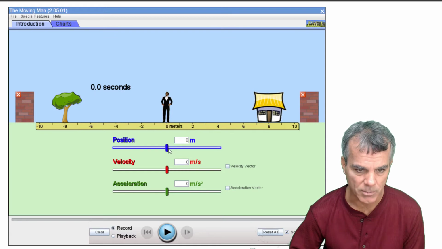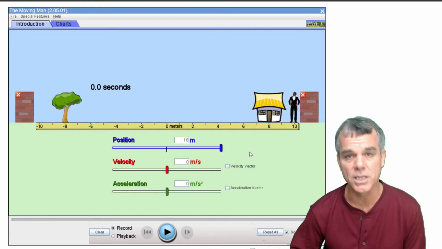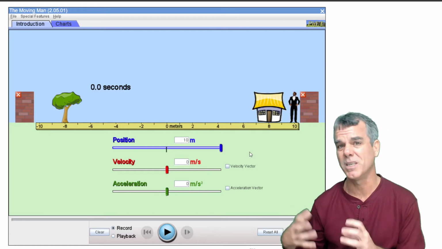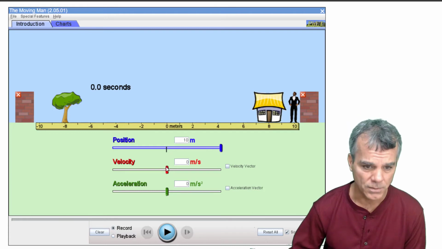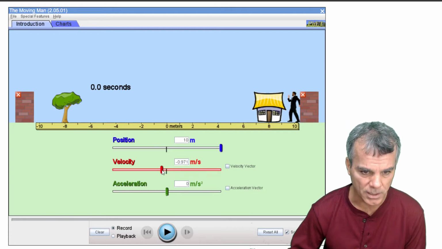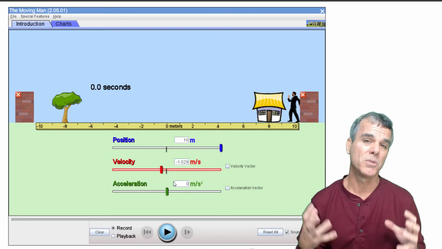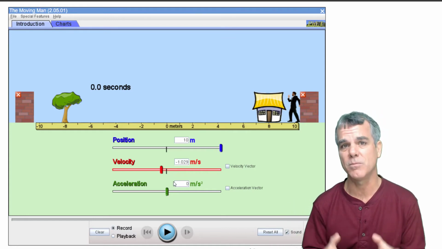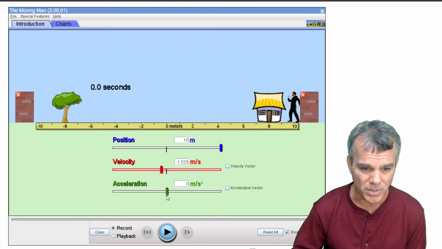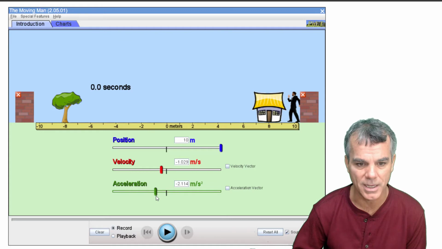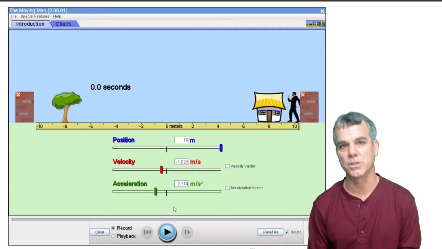In this example, I'm going to let the position initially be plus 10 meters. So I'm 10 meters to the right of the origin. The velocity I'll let be about negative 1 meter per second. So I'm starting off moving to the left at a speed of 1 meter per second, but my acceleration in this case I'm going to have as about negative 2.1 meters per second squared.